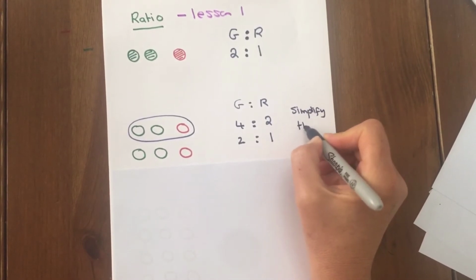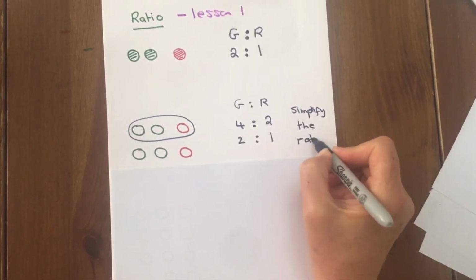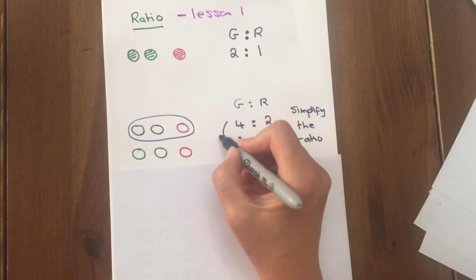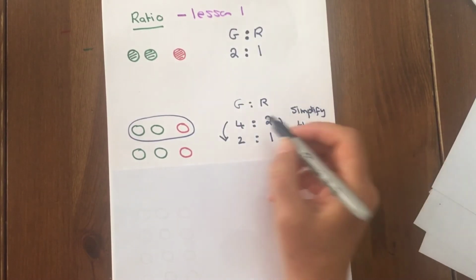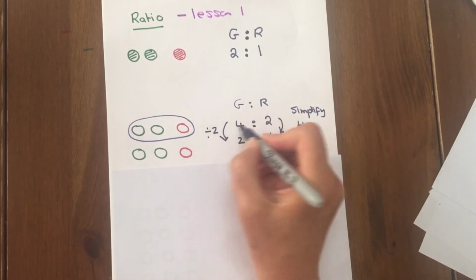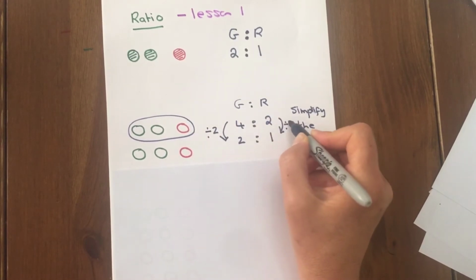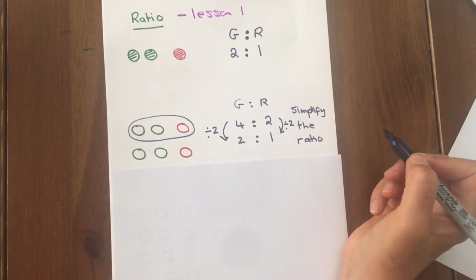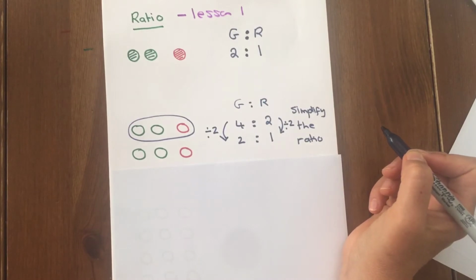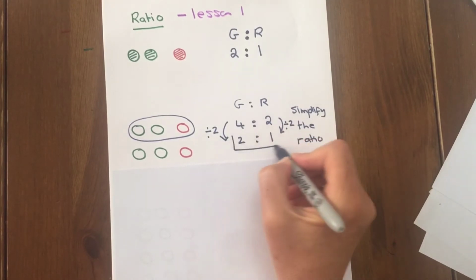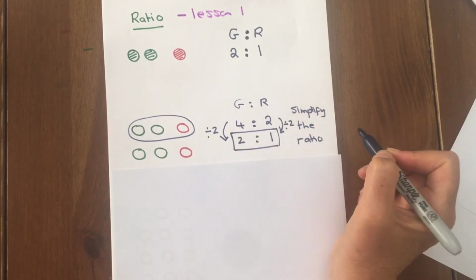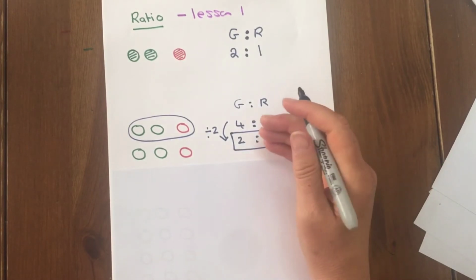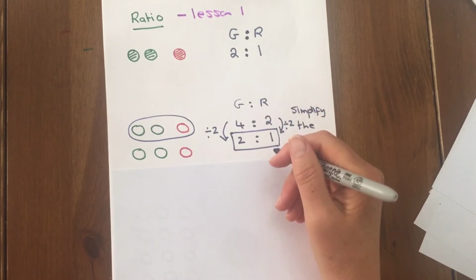To simplify the ratio, it's like fractions. Whatever I do to the one side, I do to the other side. So I've divided 4 by 2 and I've divided 2 by 2. That's called simplifying a ratio. I can't simplify this anymore because there's no numbers that go into 2 and 1 to make it more simple.